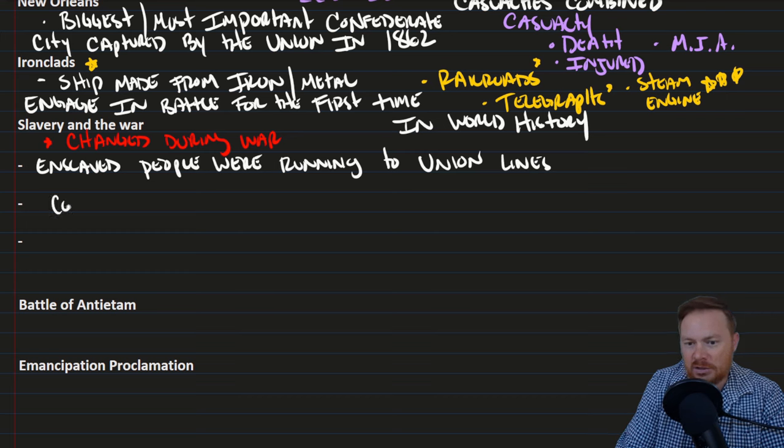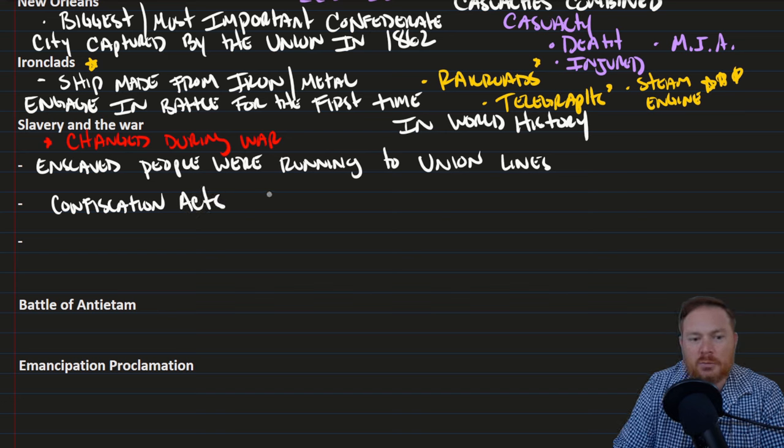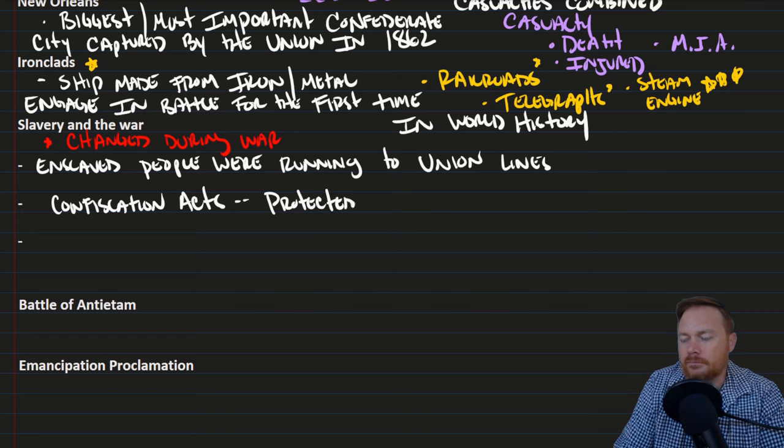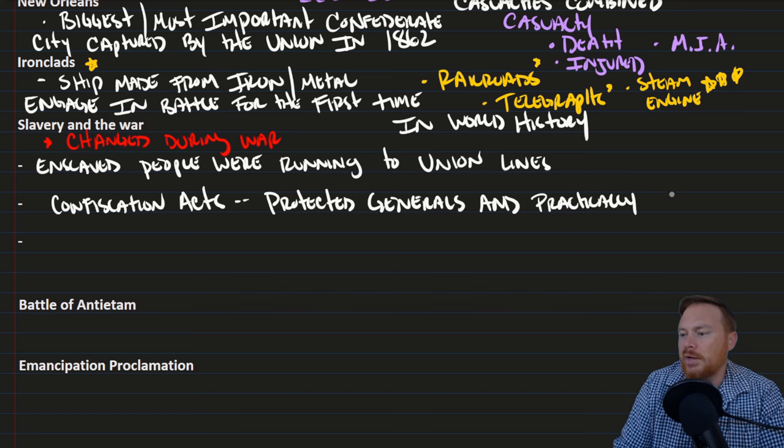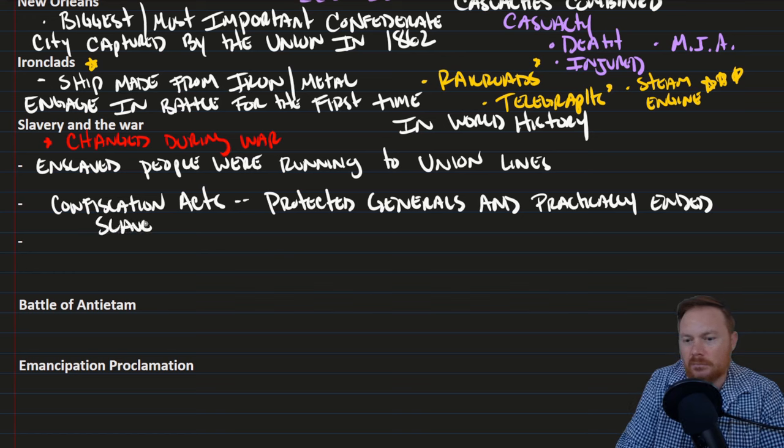The second thing is that the Confiscation Acts, Congress would actually go on to pass another one, protected generals, and in a practical sense, practically ended slavery where the army went, right?